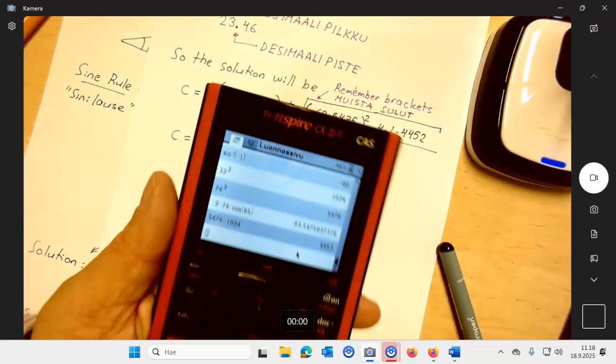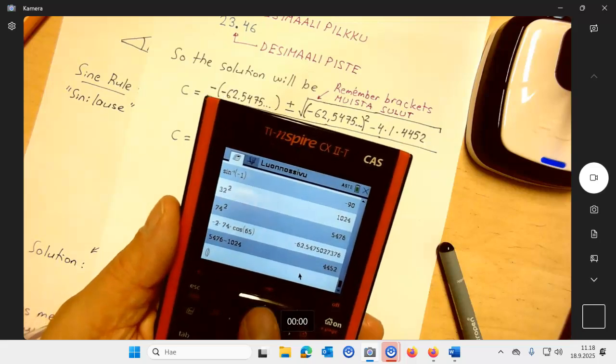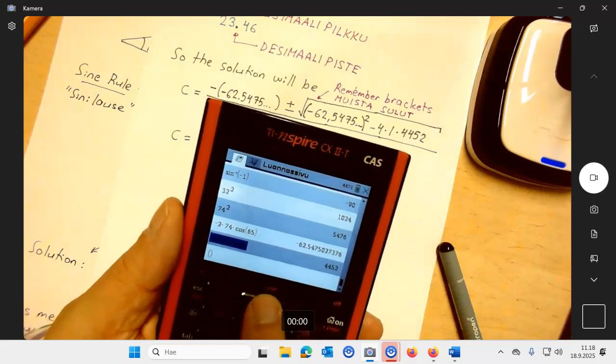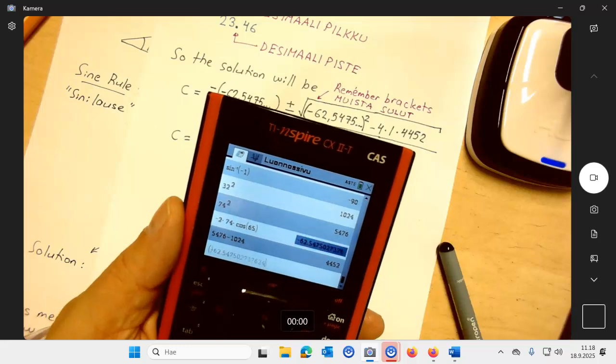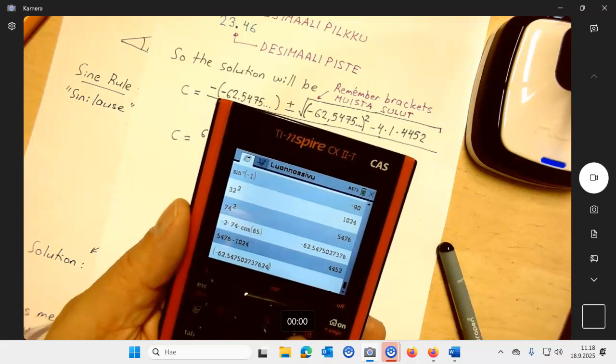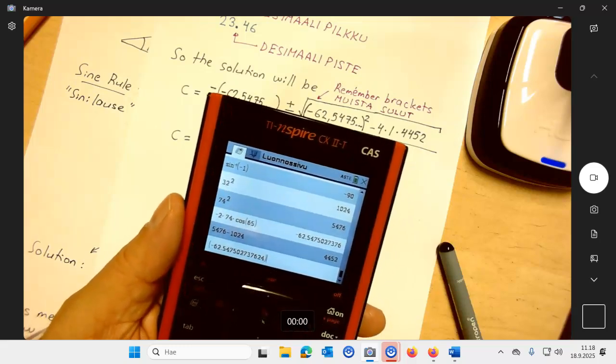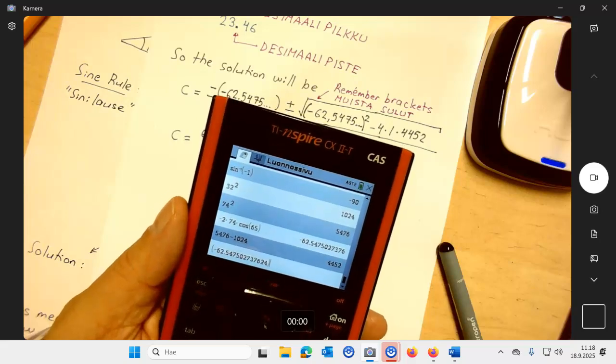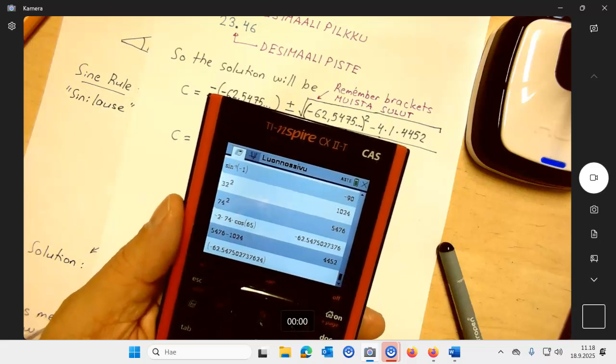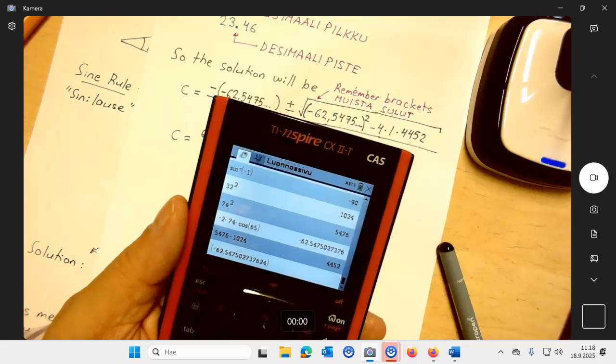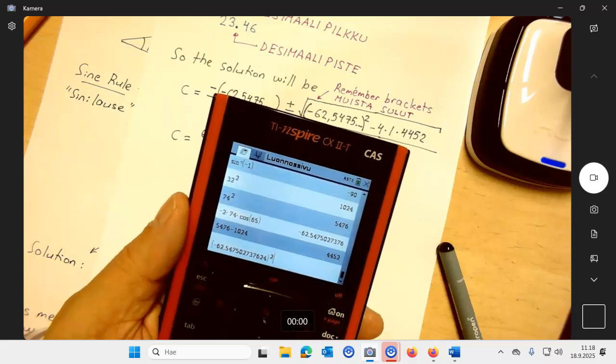This is a good calculator because you can get the exact number there, so you don't have to remember or write the number. You can pick it from earlier answers.